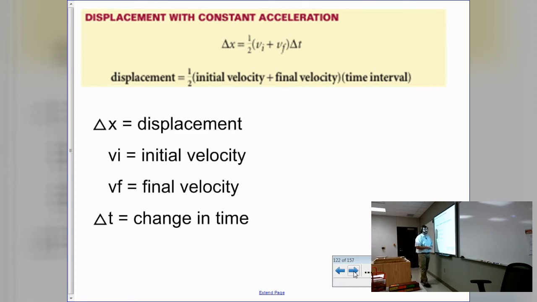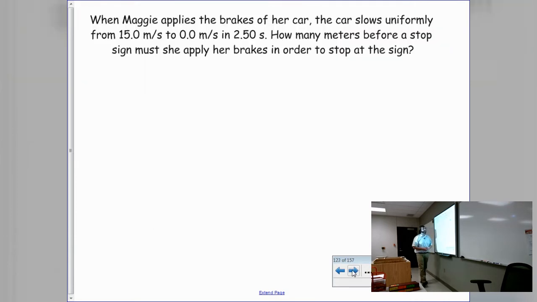Let's look at an example problem. Maggie applies the brakes of her car. The car slows uniformly from 15 meters per second to 0 meters per second in 2.5 seconds. How many meters before a stop sign must Maggie apply her brakes in order to stop at the stop sign?